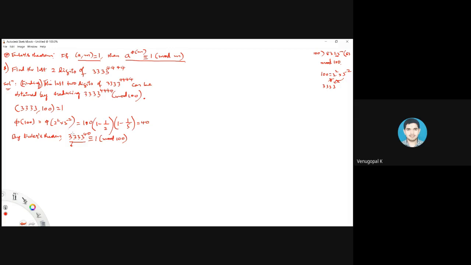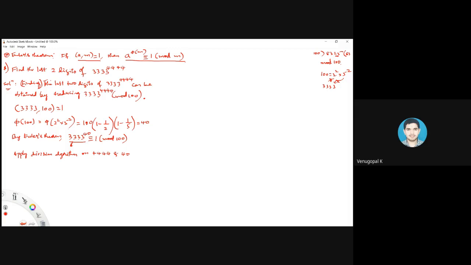First of all, let us see how much we should raise this to go somewhere near that. So for that we can apply the division algorithm on 4444 and 40.